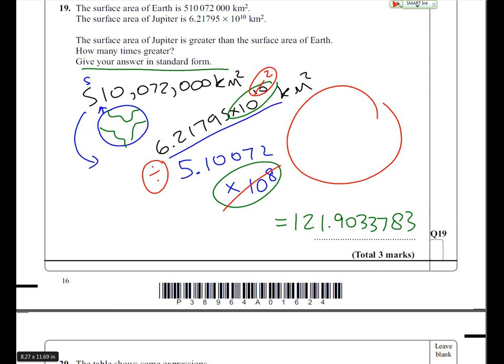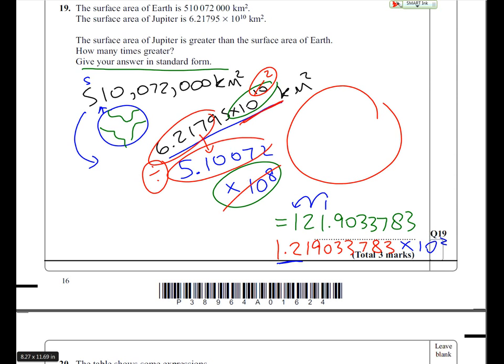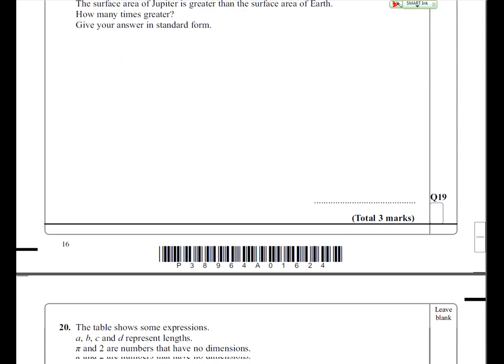Okay, and it's going to be, guess we can stay exact, 1.219033783 times 10 to the power of, well, imagine you're starting here with your 1 point whatever, you move it 1, 2 times 10 to the power of 2. Okay, so that's how you do that question. I guess you could have just done this divided by this and kept the 10 squared where it was, but there you go. Clear ink.